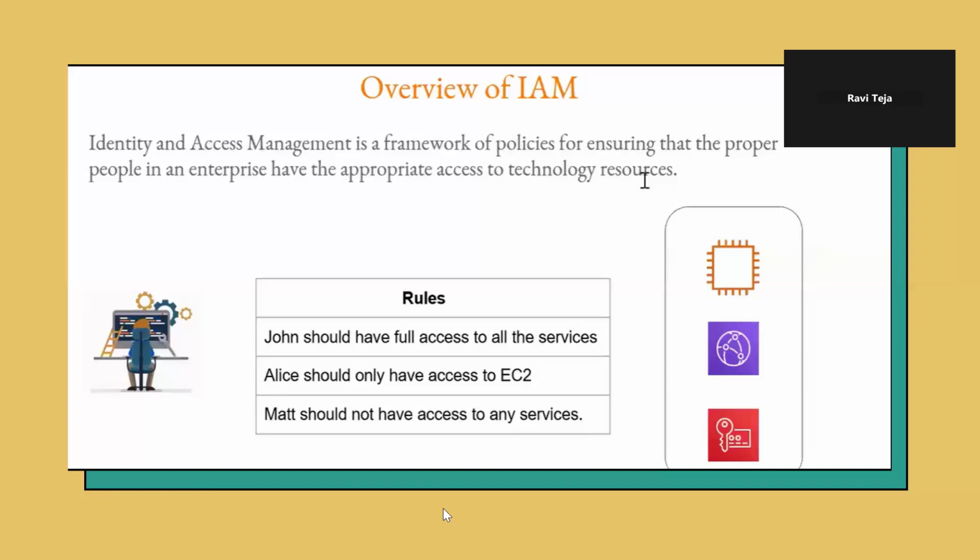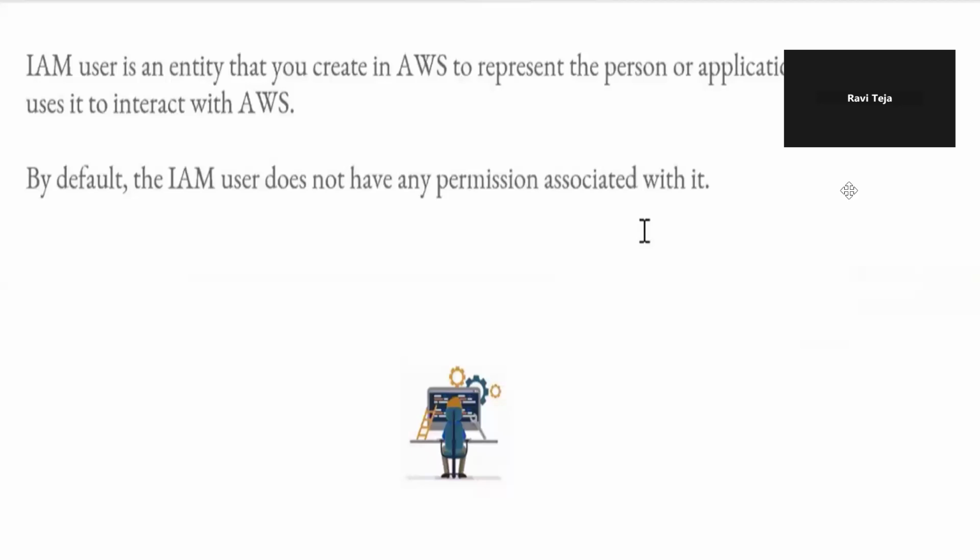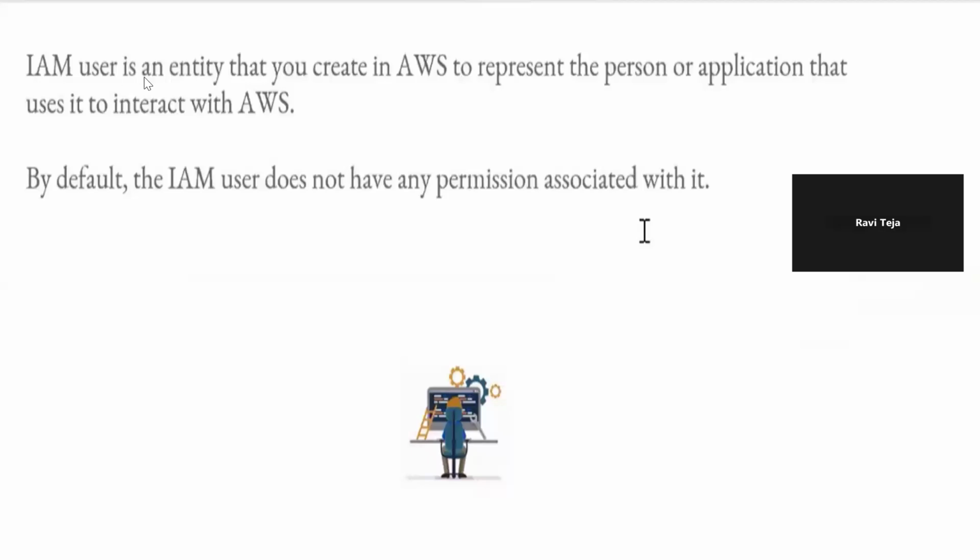Next, an IAM user is an entity that you create in AWS to represent the person or application that interacts with AWS.